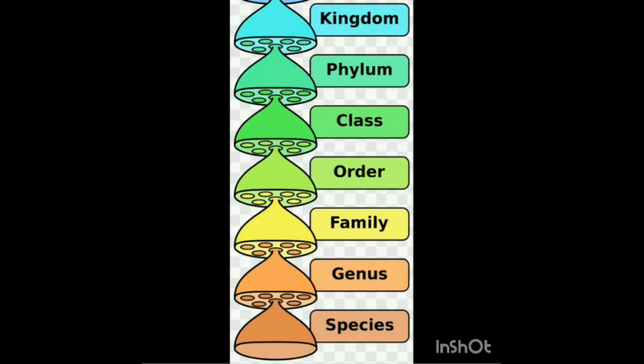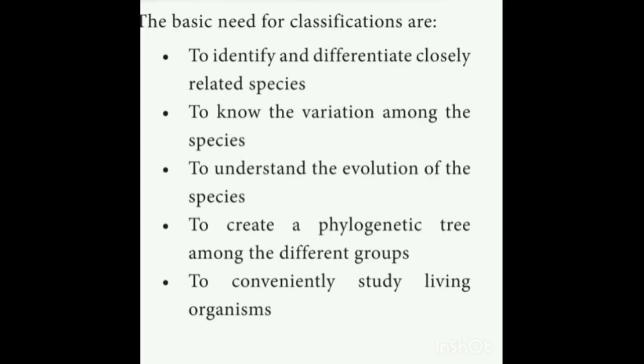What is the basic need for classification? Why do we have to classify? This question will be asked for your 3 marks. Classification is needed to identify and differentiate closely related species.